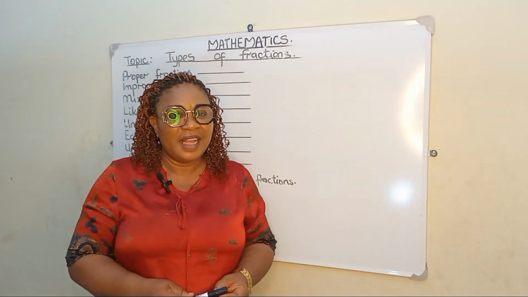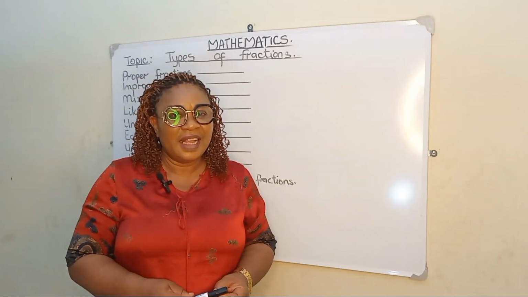For example, we have a whole number 2 and 3/5. We might have another whole number 3 and 2/8. They are mixed. This is a whole number. This one is a proper fraction. When two of them mix, we call them mixed fraction.